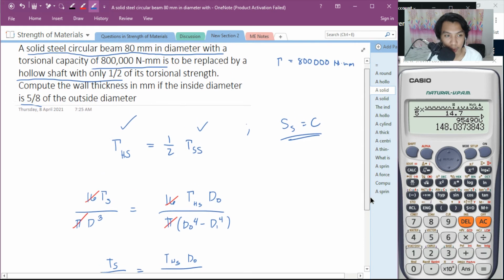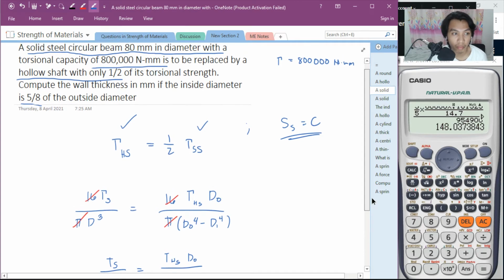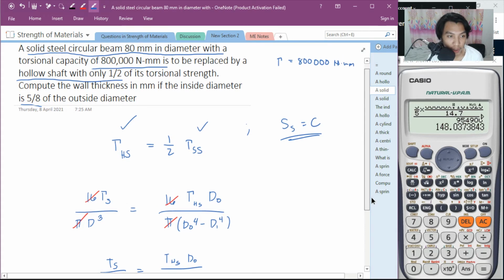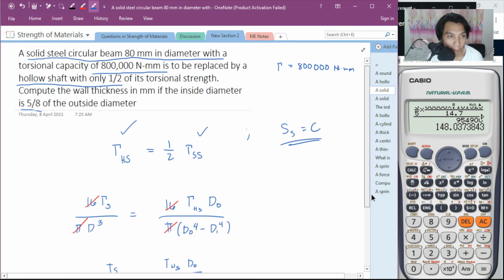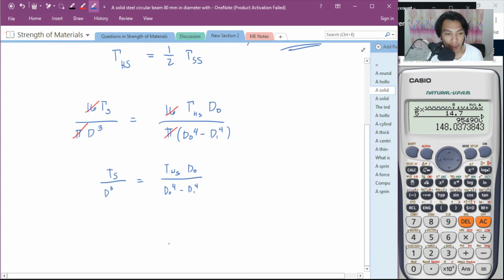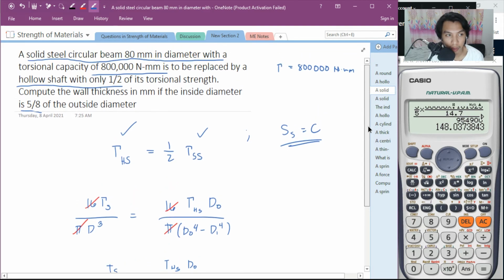5/8 of the outside diameter. Okay, we need to solve this. Let's solve for the value of Di, so Di is what we are looking for here. Do is 80, the solid circular beam.